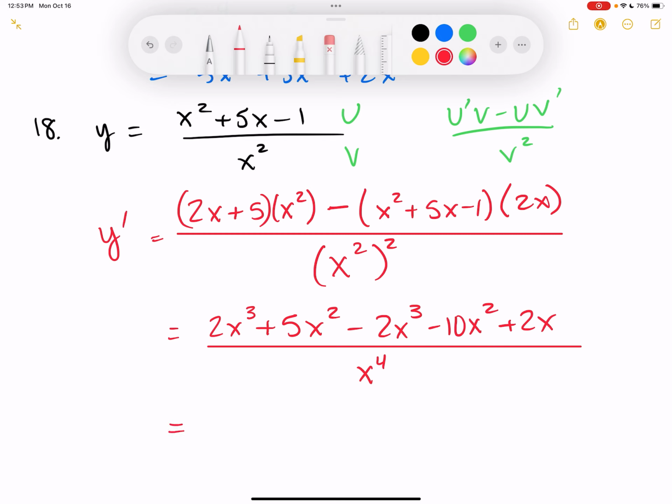All right, so then on top, my 2x cubes cancel. And then I'm left with negative 5x squared plus 2x over x to the fourth. It is completely fine to leave it that way.